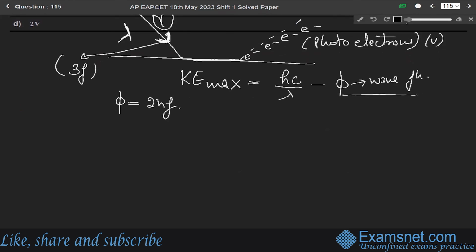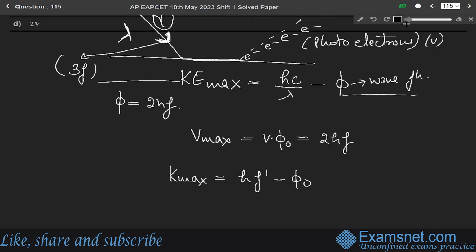Since kinetic energy maximum, with the work function phi naught given as 2hf, okay? So this K maximum will be equal to hf dash minus phi naught. The photon energy hc over lambda we can write as hf.